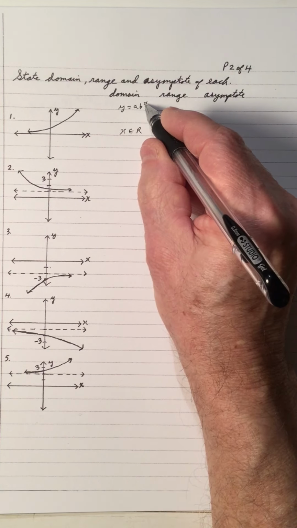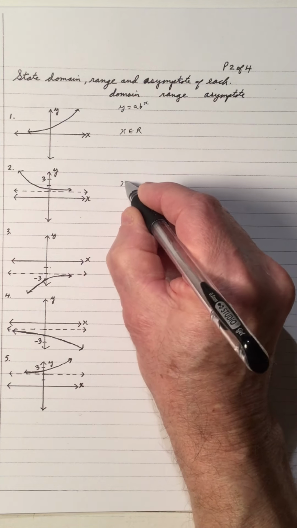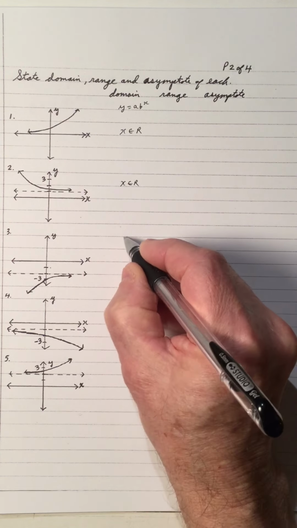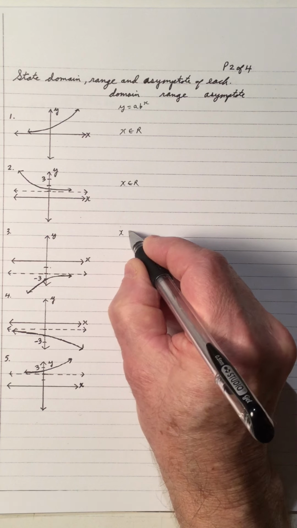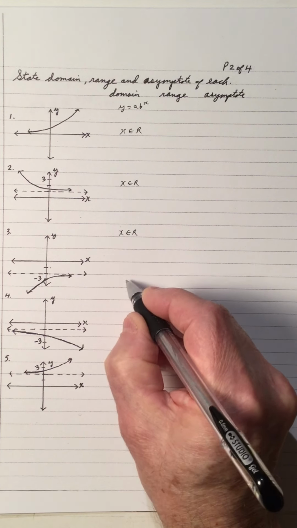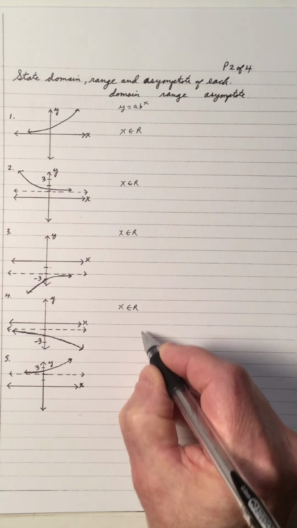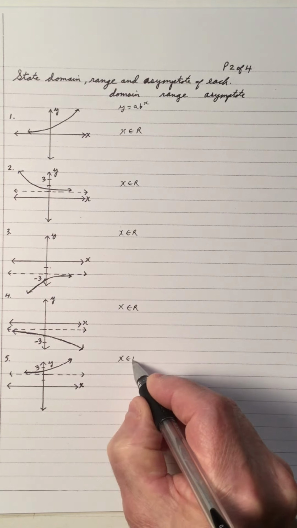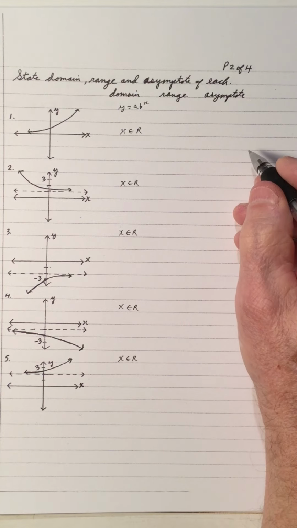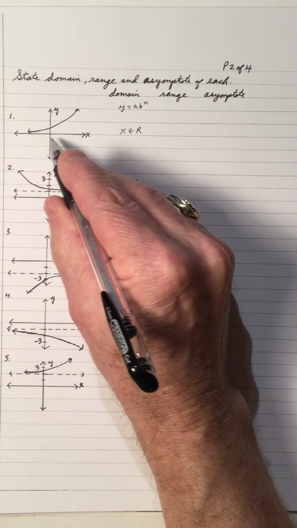Any value of x can go in the exponent as long as it's a real number. So x belongs to the real numbers is the domain of each one of these. Do that first.